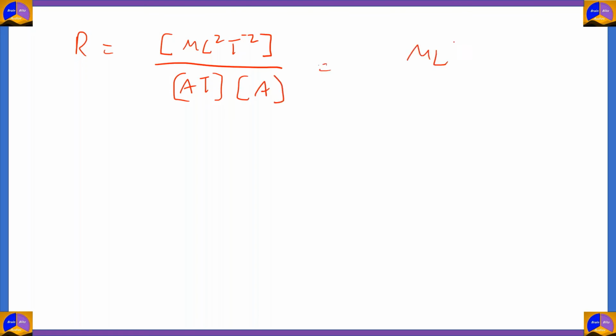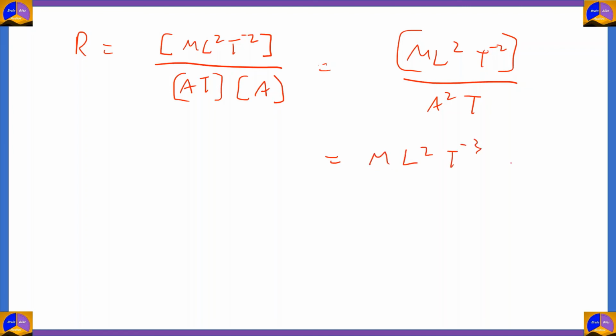So this will be ml squared t power minus 2 divided by A squared t. So it'll be t raised to minus 2 minus 1, so it'll be t raised to minus 3. So ml squared t raised to minus 3, A raised to minus 2. So this is the dimensional formula of resistance.